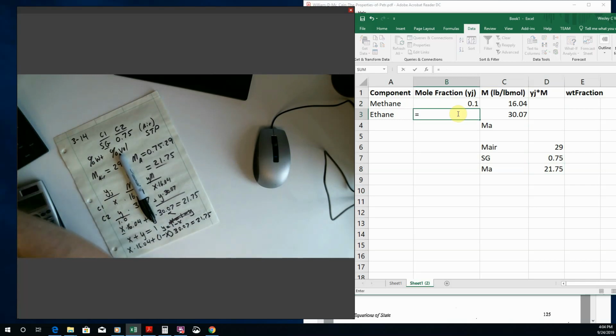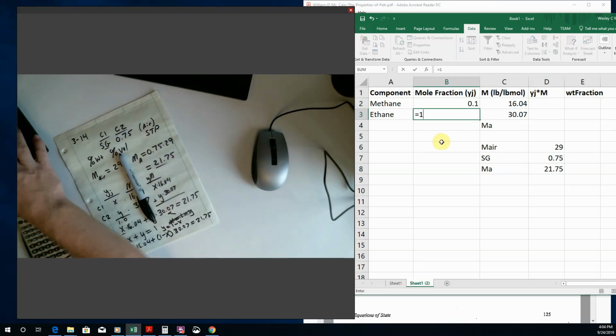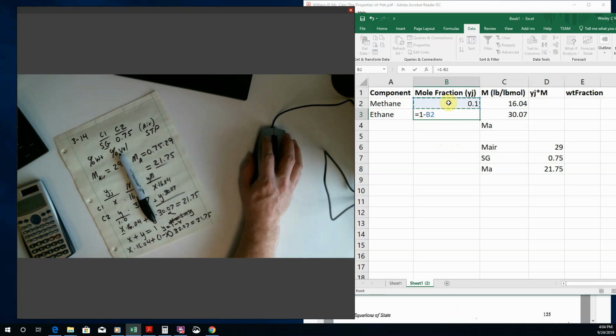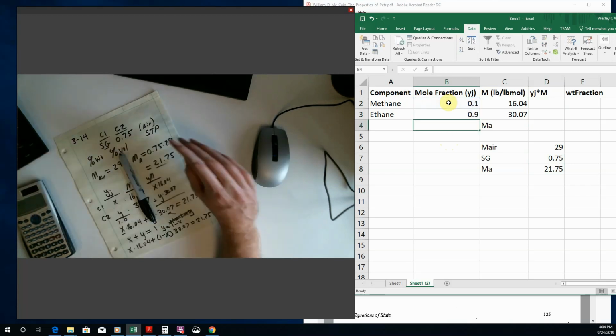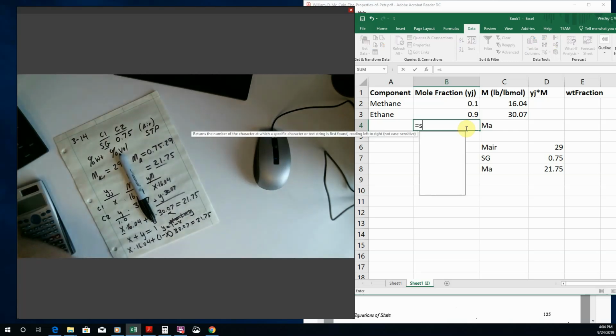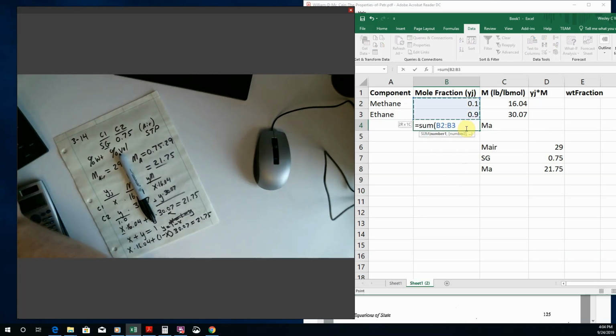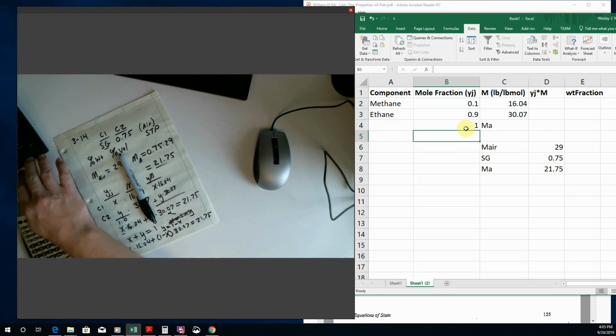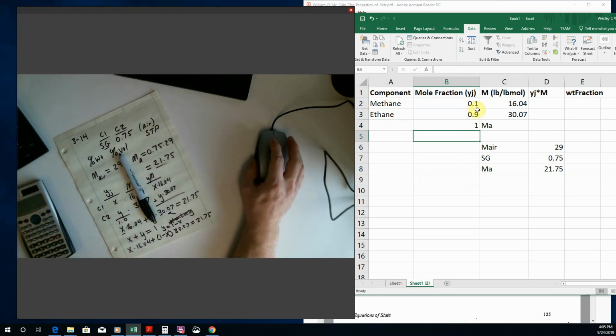So this cell is going to equal 1 minus this guy. There we go. And these should add up to 1 if you do the summation. I can throw that there just for the sake of putting it there. So those have to equal 1, right? You can't have more than 100% volume.